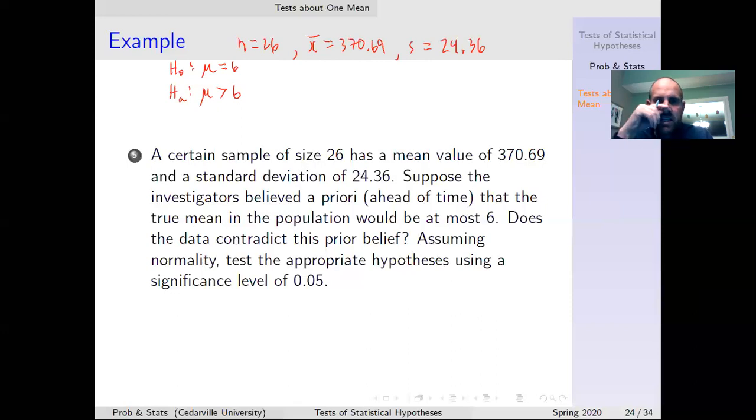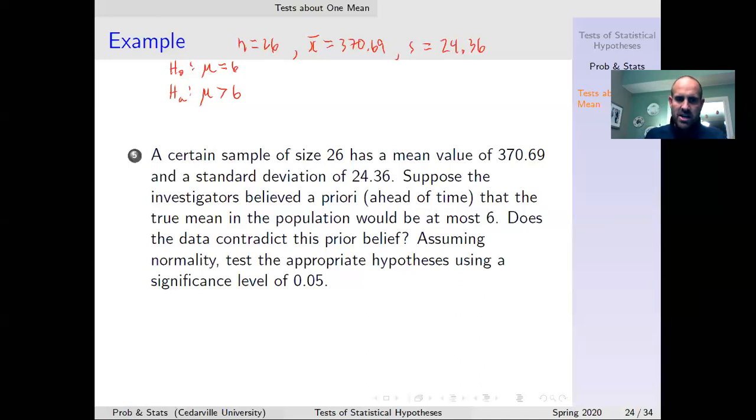You have a big standard deviation here, but I have an at most 6 thing going on, and I got a sample mean of 370.69, which seems hugely above 6. So we start to suspect that we're going to clearly reject this.